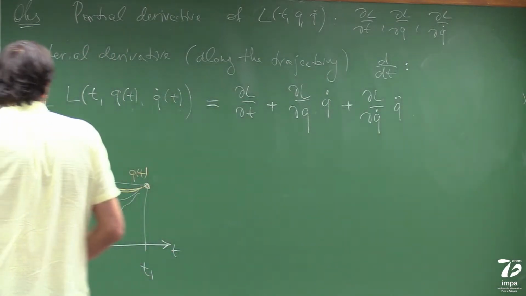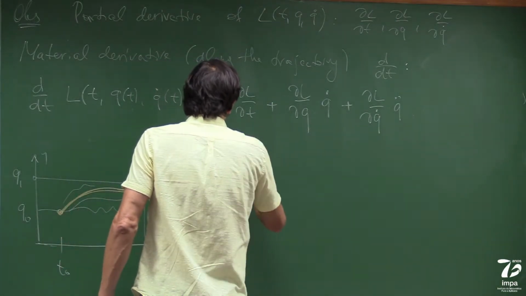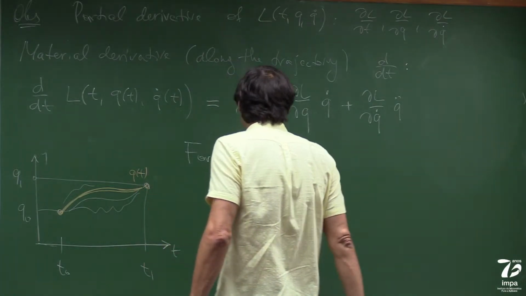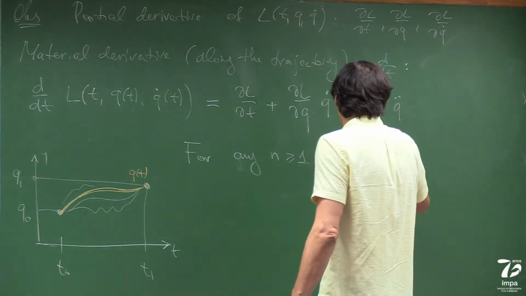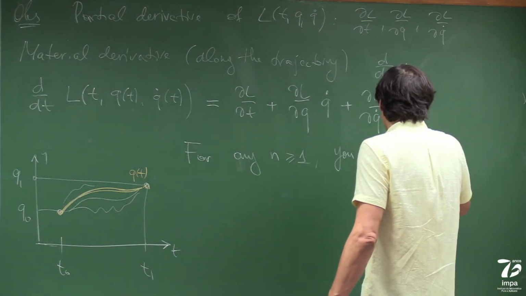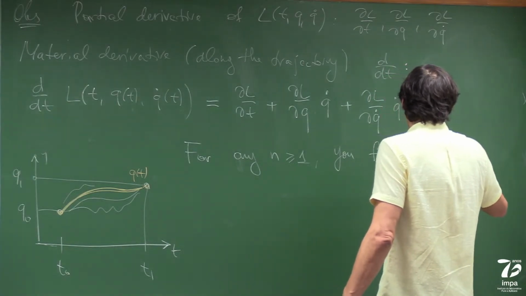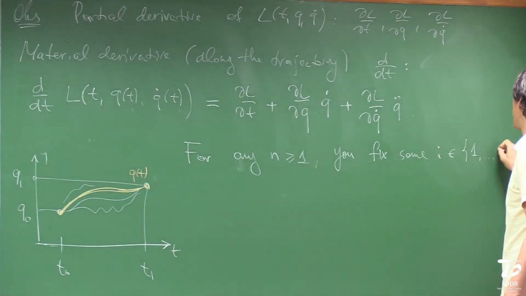So for any n, bigger or equal than 1, what do you do? You consider, you fix some coordinate between 1 and n.